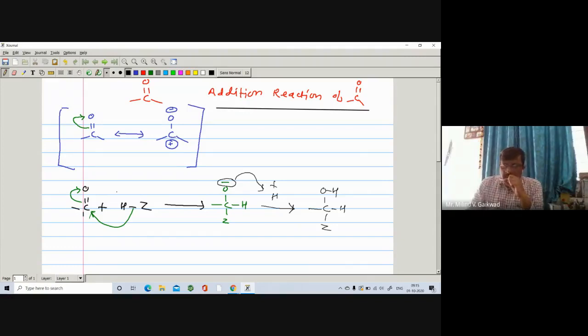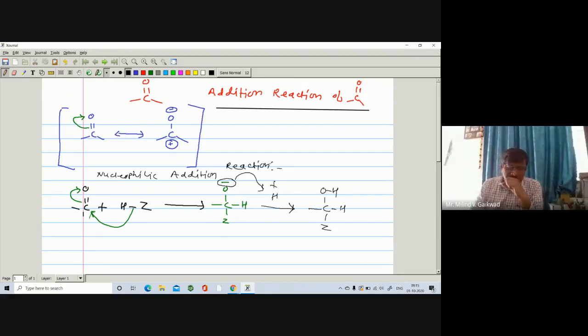So it undergoes nucleophilic addition reaction, and you are getting the corresponding product.